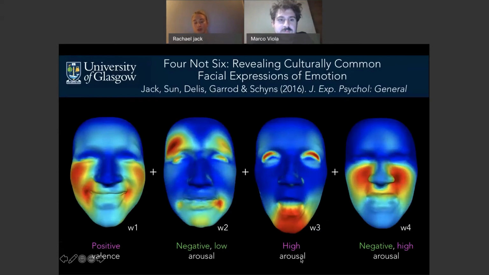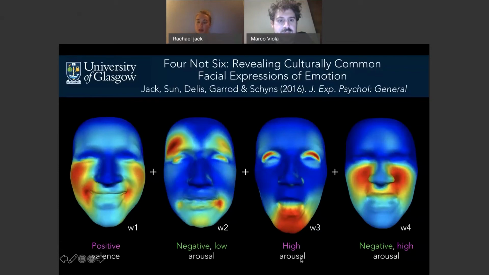So you can see on the leftmost facial expression pattern, this expressive pattern is almost exclusively associated with positive valence emotions such as happy, delighted, excited, and so on.